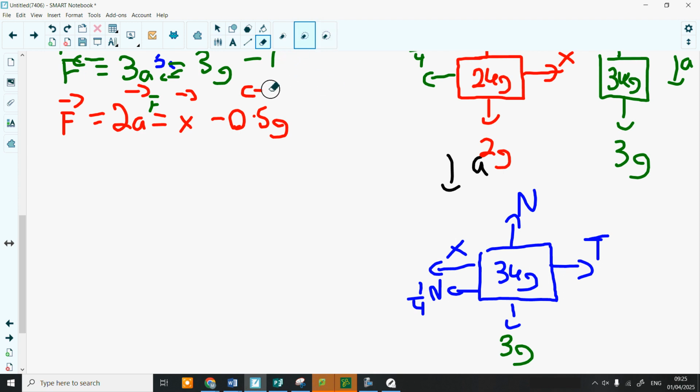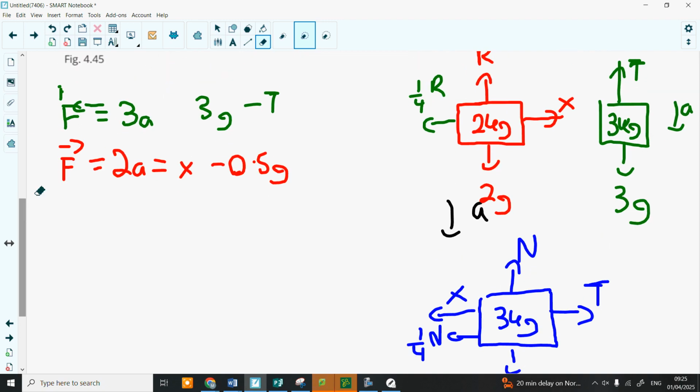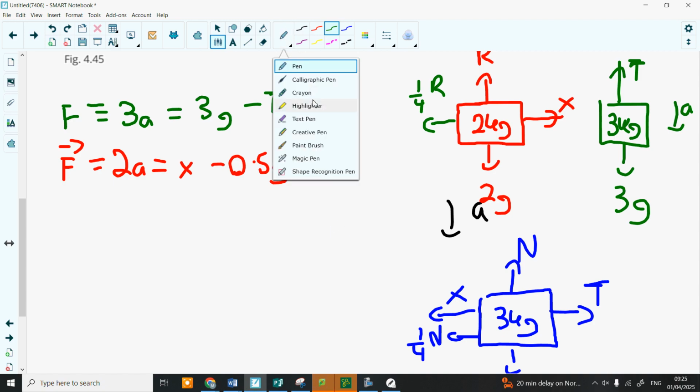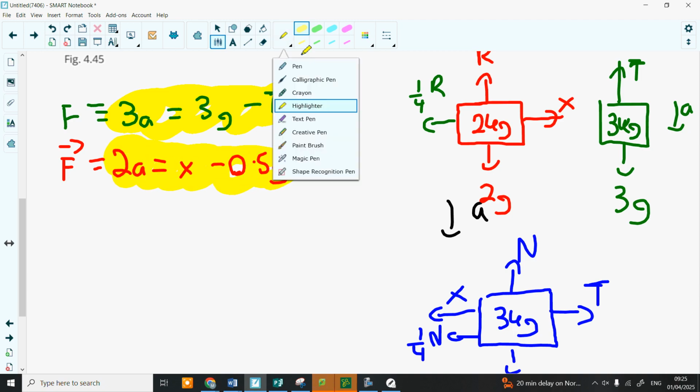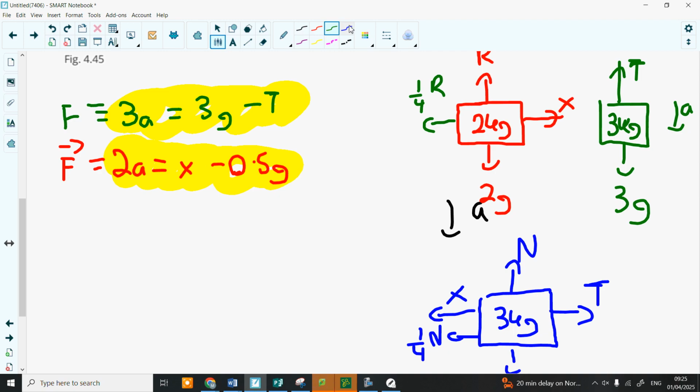So what's the blue one going to be? Sorry, my forms just went all over the shop there a minute ago. Okay, I think we're good now. So we have this one and this one so far, don't we? Okay. Now, next one. The blue one.